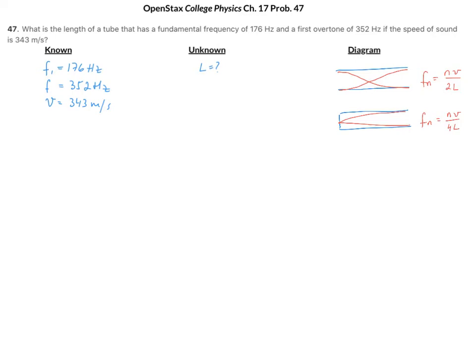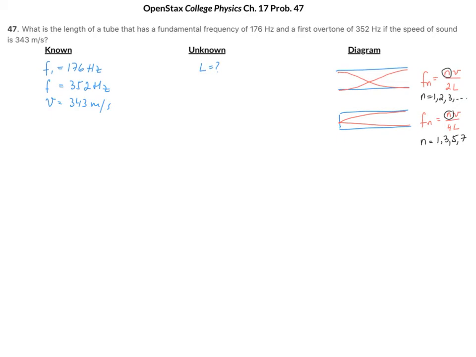But what's very important here is the n, because in the first scenario, the n is a positive integer, 1, 2, 3, and so on. Whereas for the second scenario, we have n being a positive odd integer, 1, 3, 5, 7, and so on.